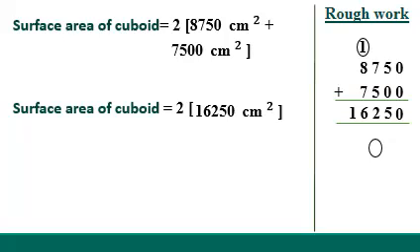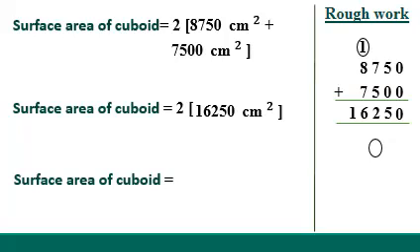Now we need to move towards the next step. Surface area of cuboid is equals to, okay, now we need to take the product of 16,250 and 2.